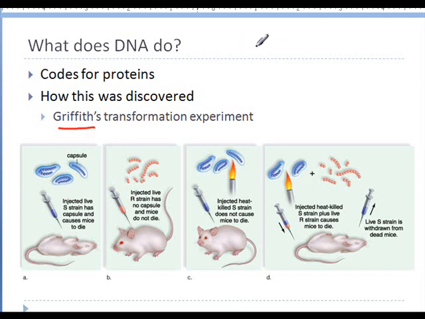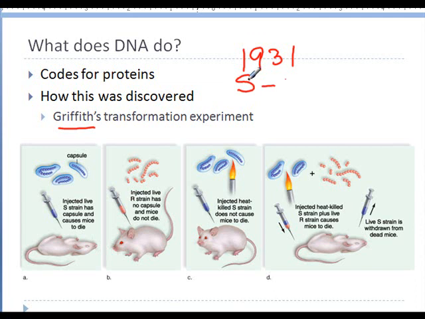And in 1931, which is really early in the 19th century, he performed a classic experiment with the bacterium. He noticed that when these bacteria are grown on culture plates, he called one strain the S strain.